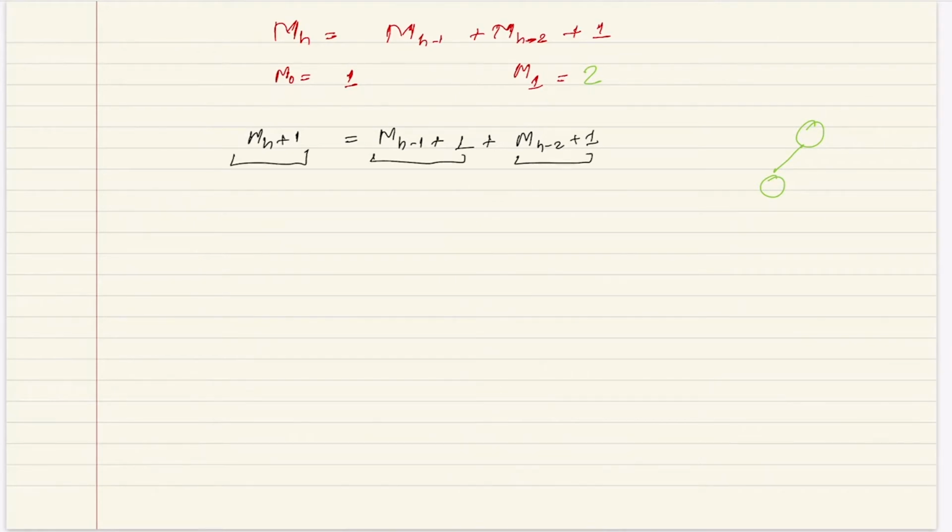And now let's say, let n_h be m_h plus 1. So that implies I am writing n_h is equal to n_(h-1) plus n_(h-2). And now this becomes the recurrence for Fibonacci series.